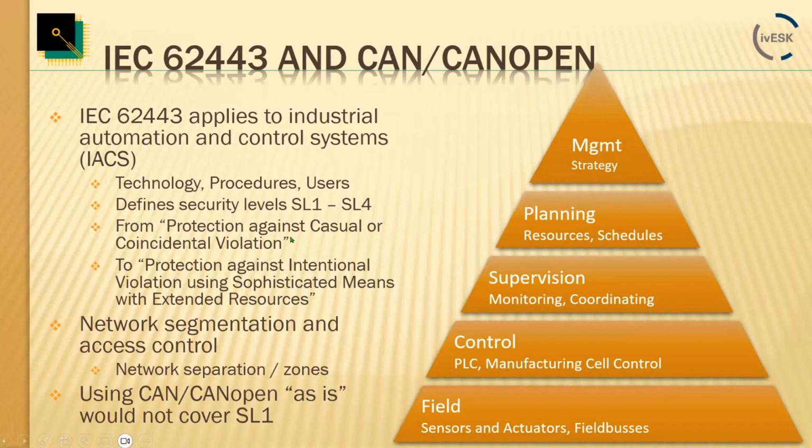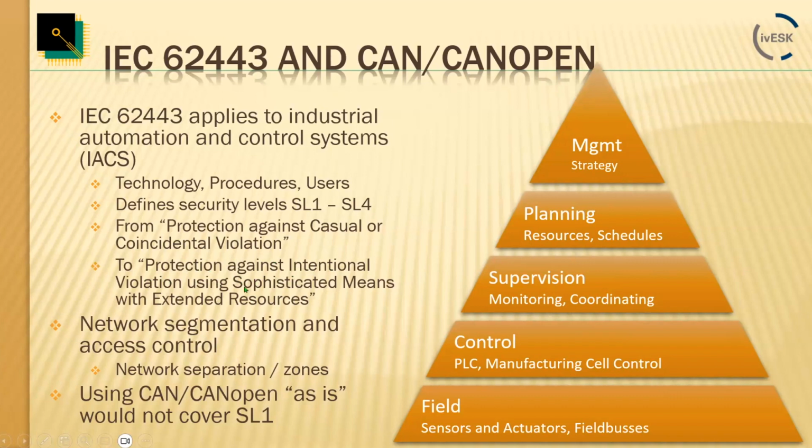And so the lowest level really says, well, you need to protect your system from casual or coincidental violation. So this is like maybe somebody just made a mistake or pressed the wrong button, something like this. And then coming up to the next levels, it quickly introduces intentional violation. So all other levels are that somebody intentionally wants to do something with the system.